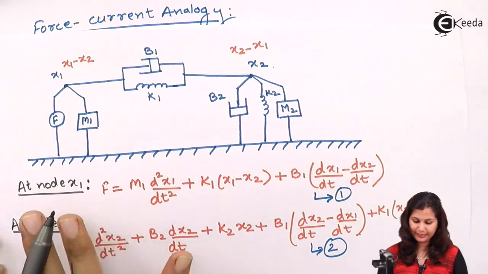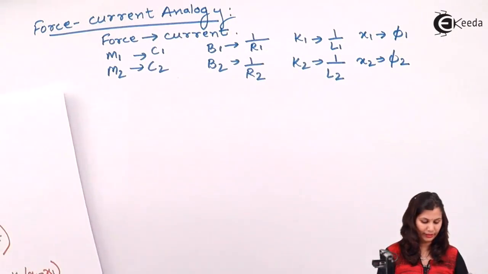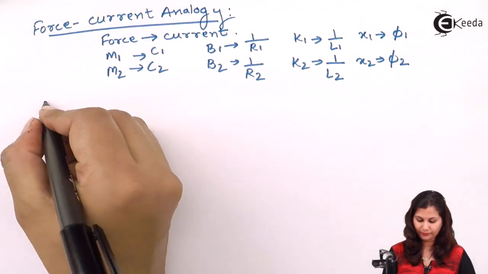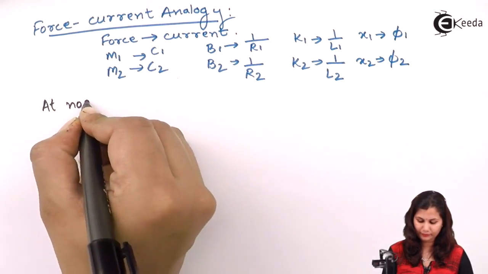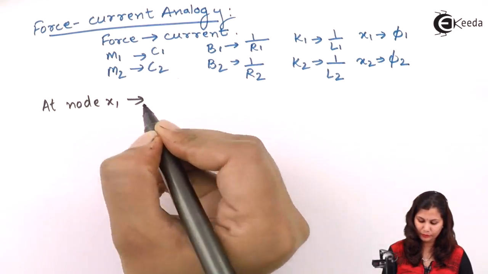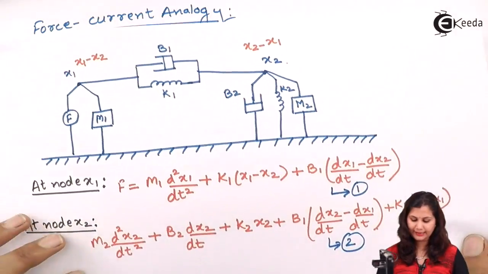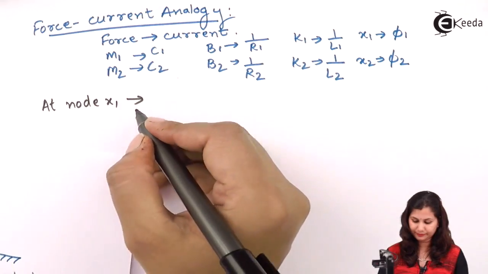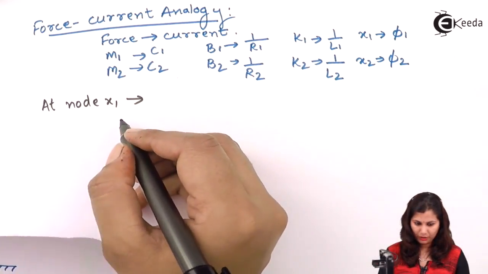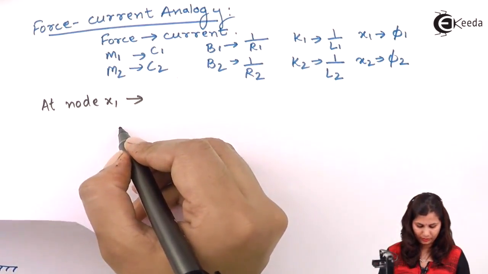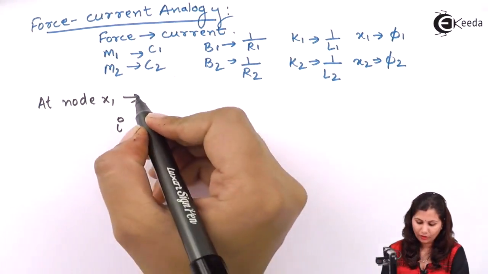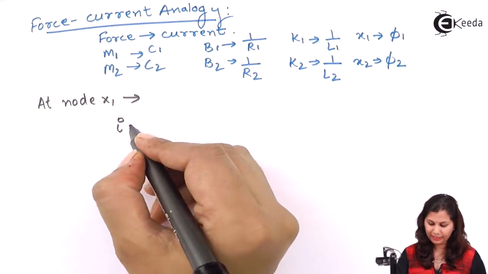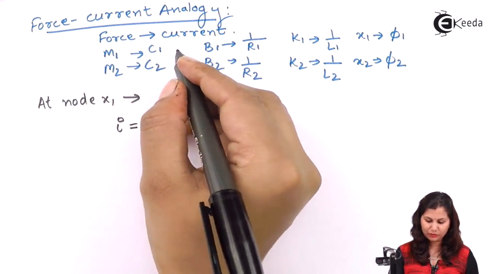And first let's analyze this equation for the node X1. At node X1 we were having the equation as this. So instead of force we will write current. So here we will be having I. So force will be replaced with current, and then we have mass, it will be replaced with the capacitance.